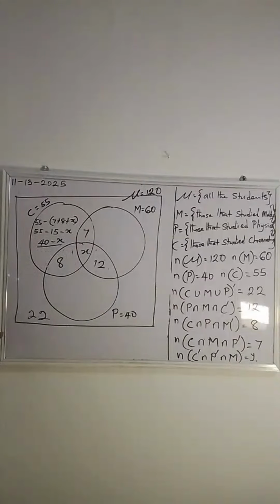So the number of those that study chemistry only is 40 minus x, while the number of those that study chemistry altogether is 55. Hope you can differentiate between the two.